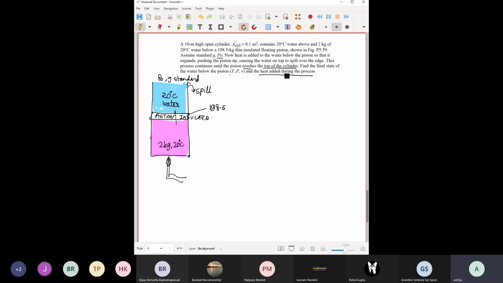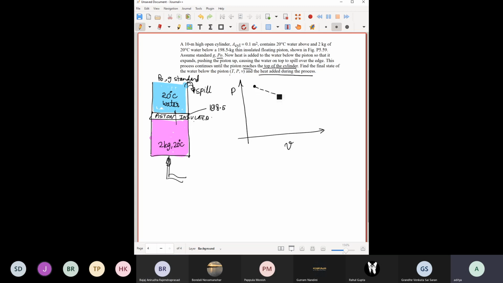Okay, so first things first, what is going on? Let us try to draw a PV diagram. Initially the pressure is high. When you are heating, the pressure inside is increasing, but at the same time, because of the expansion, the volume is going to increase and water is going to come out, decreasing the pressure.